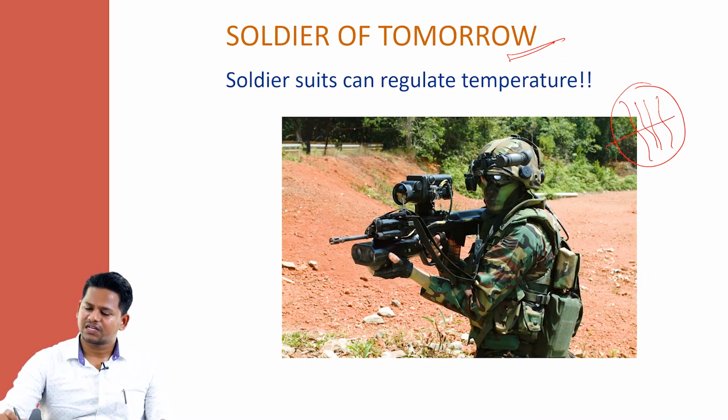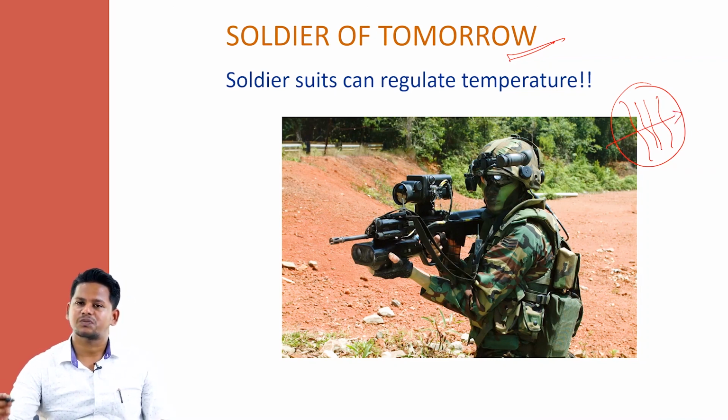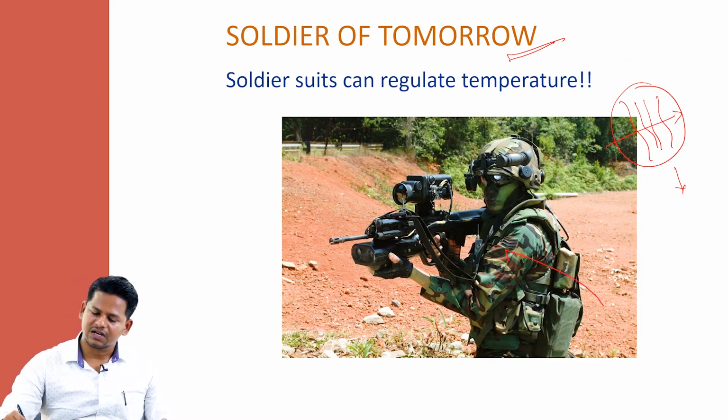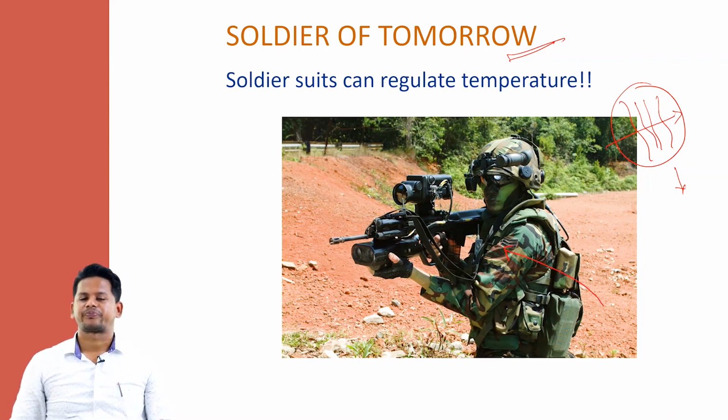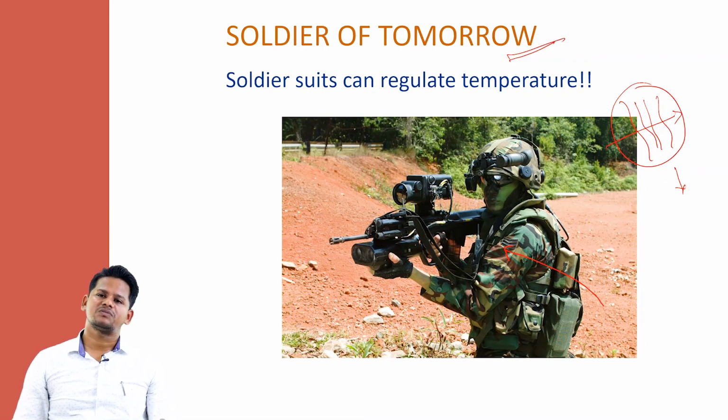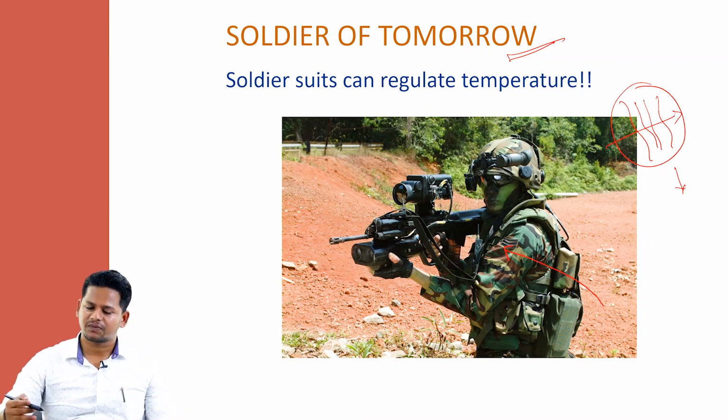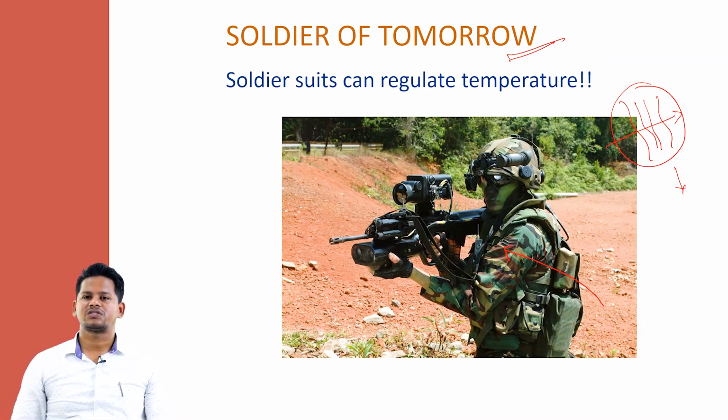Once you are able to find the heat transfer, if you are able to reduce as much as possible the heat transferred through this layer by layer composite material, then the temperature which is absorbed or liberated from the soldier is reduced as much as possible.